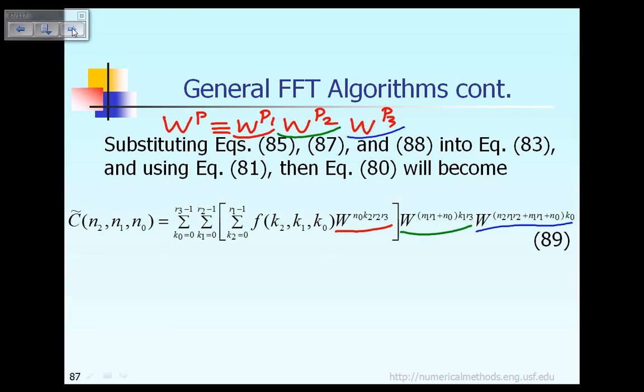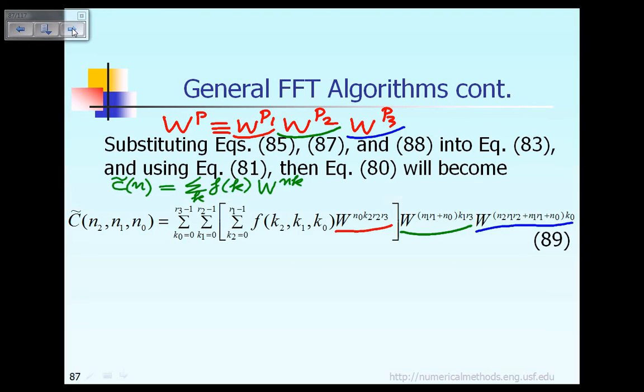And I hope you remember I said many times that you will have a formula earlier. C tilde as a function of n is equal to the summation on the index k of f of k times W raised to the power nk. That formula that I wrote down in the green color came from a much earlier chapter when we talked about informal development of the fast Fourier transform.